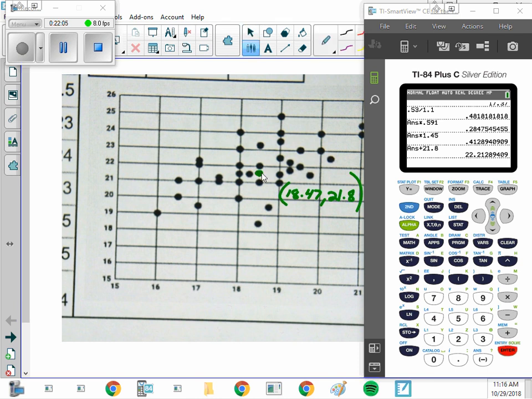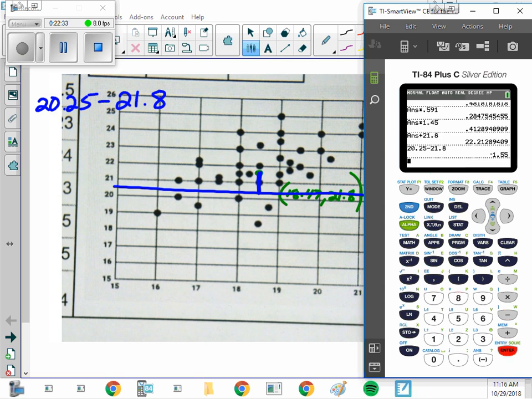Well, it's going to be below the point of averages right here. Okay, so what is the distance from that line to the point? Well, it would be 20.25 minus 21.8.